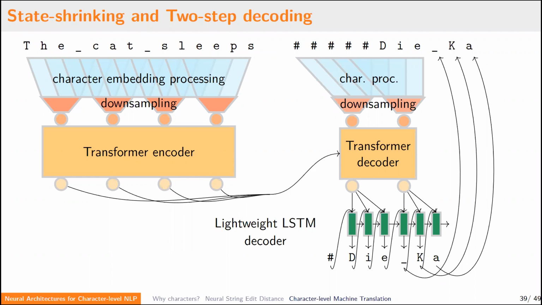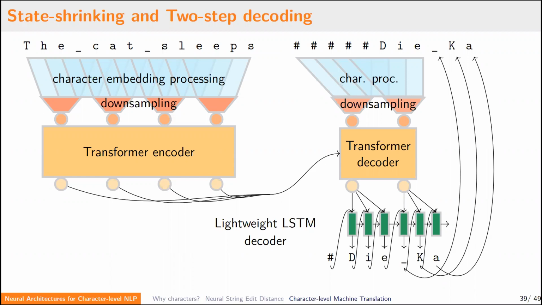The decoder takes the characters and processes them with a character processing layer, which produces a shorter sequence. This shorter sequence is processed with a transformer decoder, which produces some latent states, and these latent states are then passed to a very lightweight LSTM decoder that actually generates the characters.